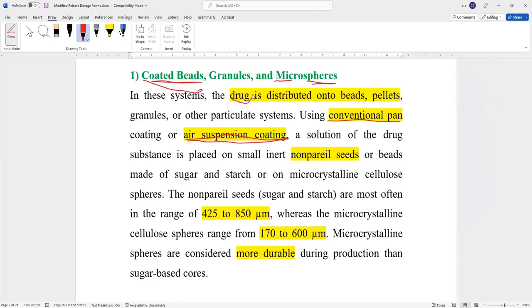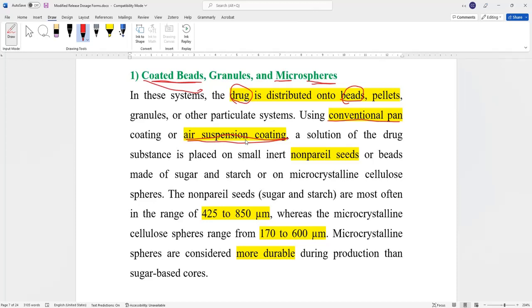The drug is dissolved in solution, and then it's sprayed on the beads. Beads are in the conventional pan or air suspension coating.